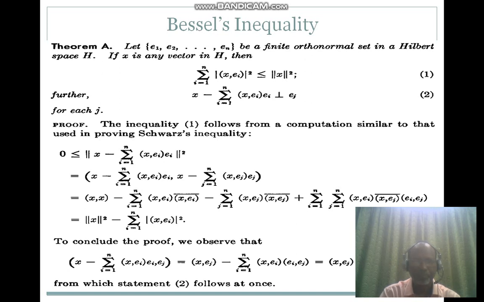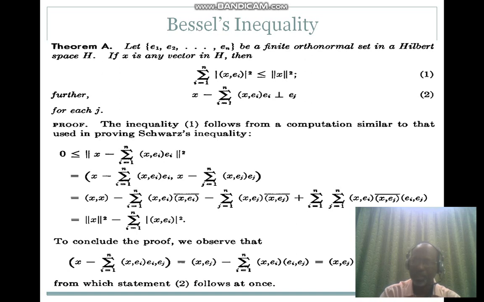Now, this can be written as four inner products. The first is x comma x, and the second is minus the sum over i from 1 to n of the inner product x comma ei and its conjugate. Similarly, the third term, and the fourth term contains a double summation.